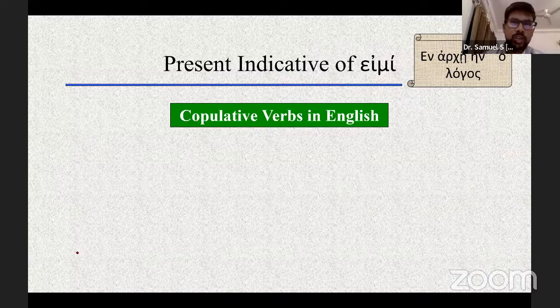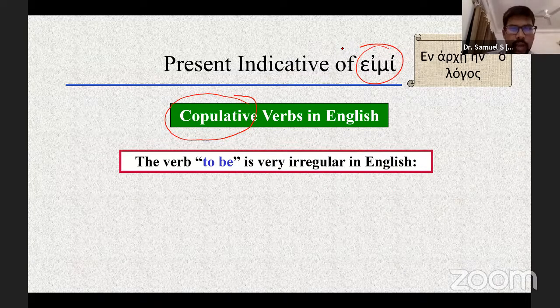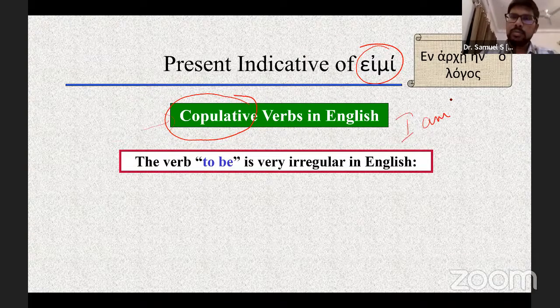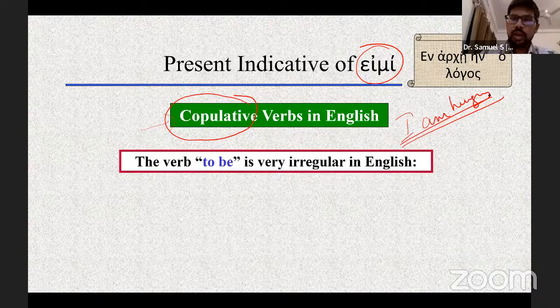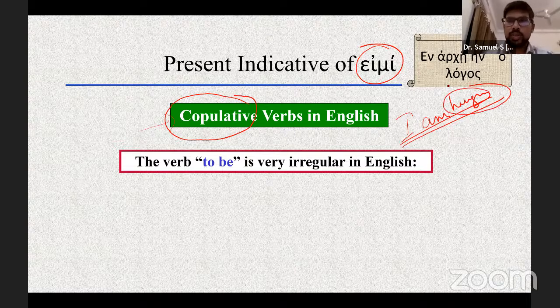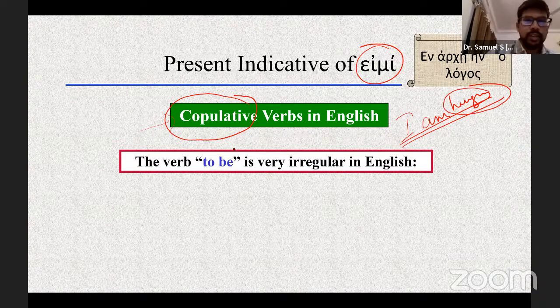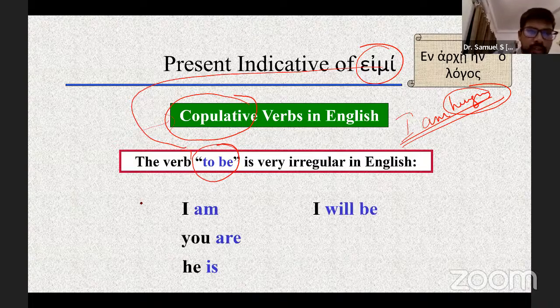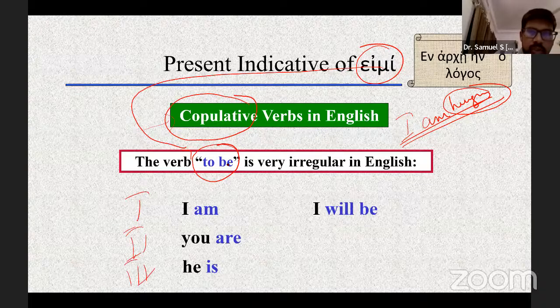Copulative verbs in English. Why do we say these are copulative verbs, eimi? Is because they help combine. For example, we say, I am hungry, right? They help us combine the action to the object. And the verb to be, which is this eimi, is very irregular in English. For example, again, this is first person, second person, third person, singular, plural.